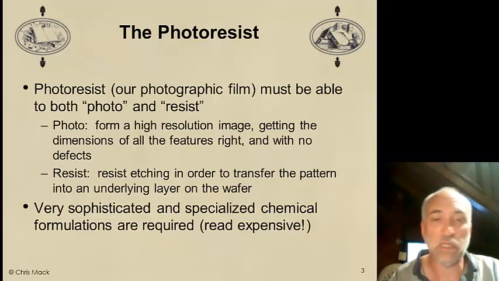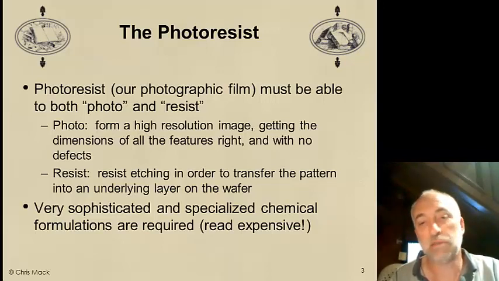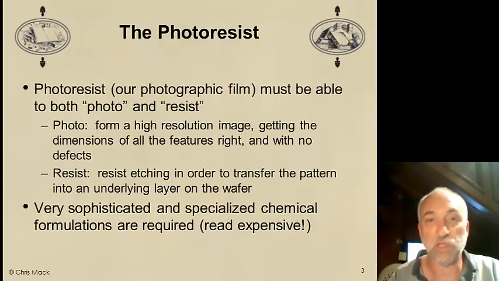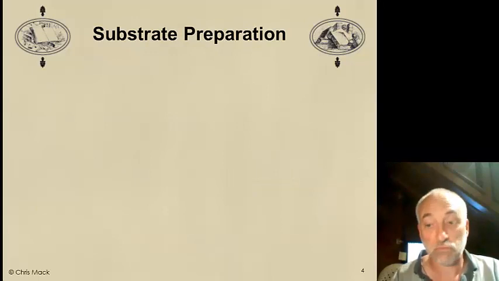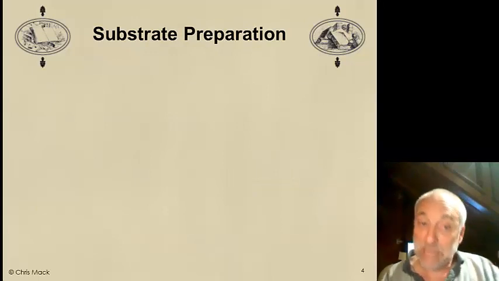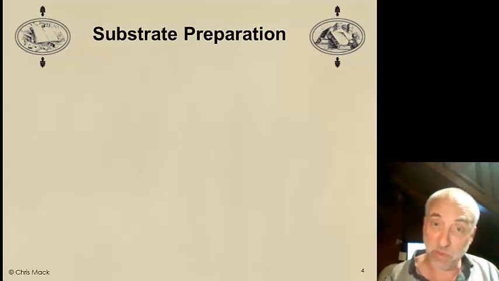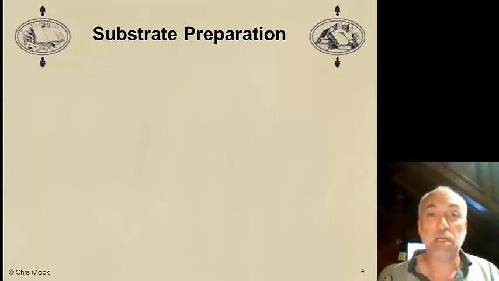Think about a liter costing $1,000 to thousands of dollars for this photoresist material. So let's go through the process step. Our first thing we want to do is coat the wafer with our photoresist, but we can't just start doing that. We have to begin by preparing the substrate.